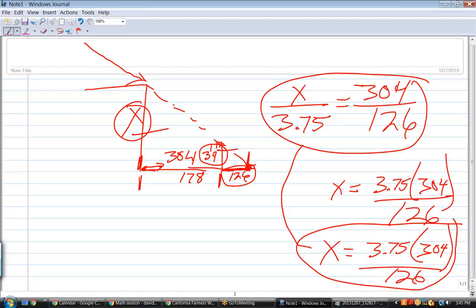If your variable is in the numerator, usually you should not. Usually it's a one-step solution. Because all I have to do to get rid of this denominator is to multiply both sides by 3.75. I don't need to cross multiply and then have a second step where I have to divide both sides by 126. You see the difference?